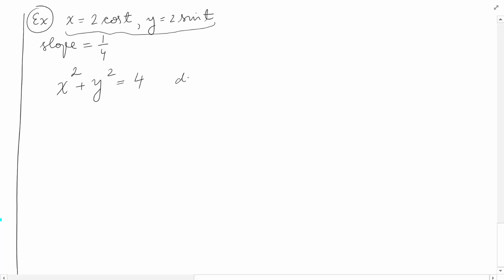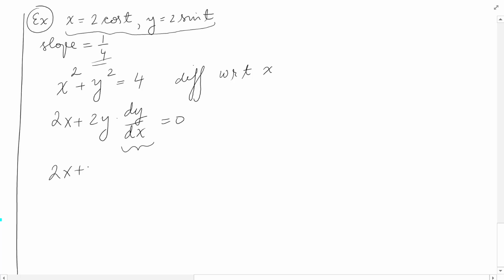Now if we differentiate with respect to x, we get 2x plus 2y times dy/dx equals 0. dy/dx is given, its slope 1/4, so 2x plus 2y times 1/4 equals 0, which means 2x plus y over 2 equals 0, or y equals negative 4x.